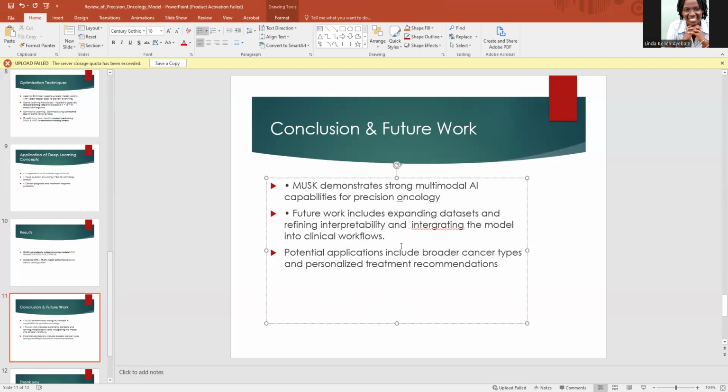The potential applications would include accommodating broader cancer types, and also being able to do personalized treatment recommendations.